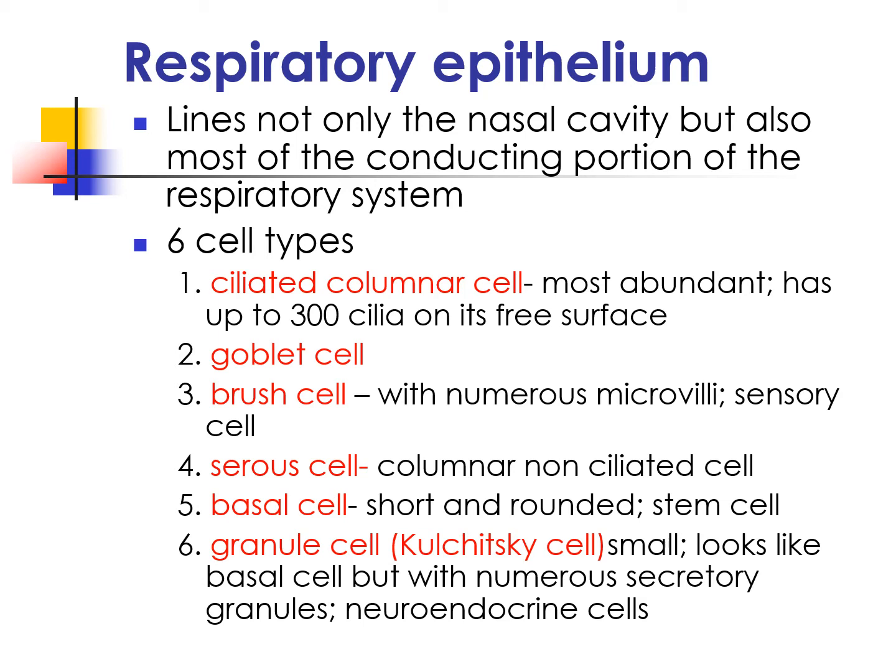We have brush cells with numerous microvilli, serous cells, basal cells, and granule cells. Yung granule cells, also known as Kulchitsky cells. Bakit tinawag na Kulchitsky? Kasi siya yung nakadiscover nung cell na yon.